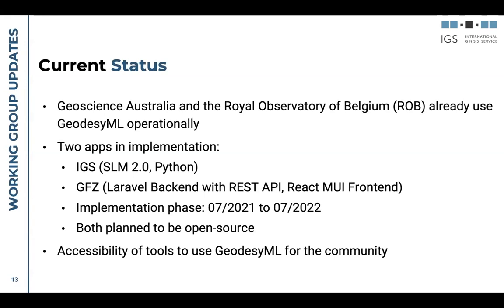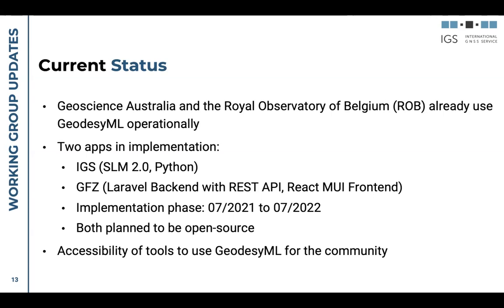Both implementation phases were anticipated for July last year to July this year. We still need two or three months more, and you heard from SLM 2.0 they have the same kind of time frame, and both systems are planned to be open source.